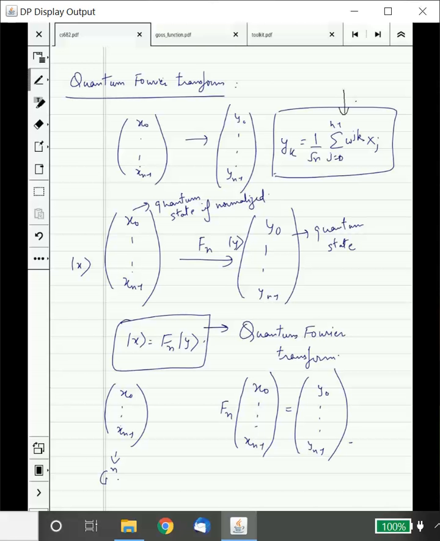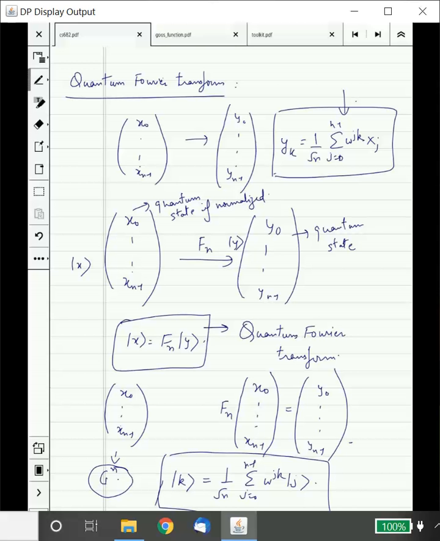So k is going to be 1 over root n times this sum. This is how the basis will transform, but we also know the action on each and every element of the vector space C to the n. This is called the quantum Fourier transform.